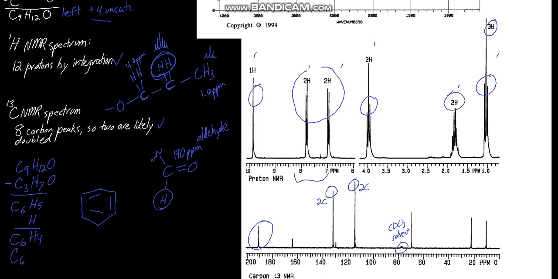It's C6. Now we have 4 aromatic protons arranged around this ring in some way. That we can take a look at in a minute, but look closely also at the carbon NMR. Does the carbon NMR verify the aromatic ring? 1, 2, 3, 4, 5, 6 aromatic carbons.